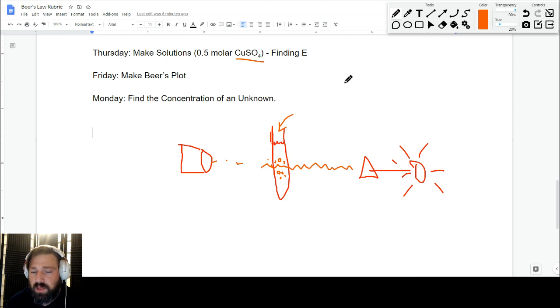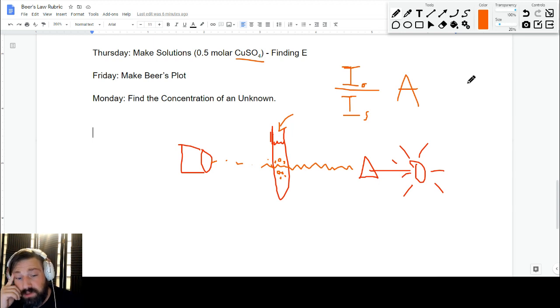And basically at that point, we're going to have the intensity of the water over the intensity of our sample. So this is without the salt, and this is with the salt. And that's going to get us something called an absorbance. Absorbance is how much light our salt absorbed.